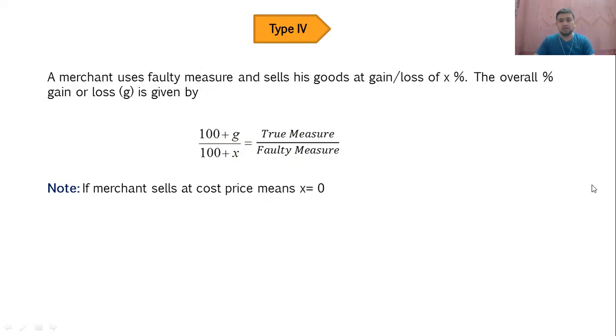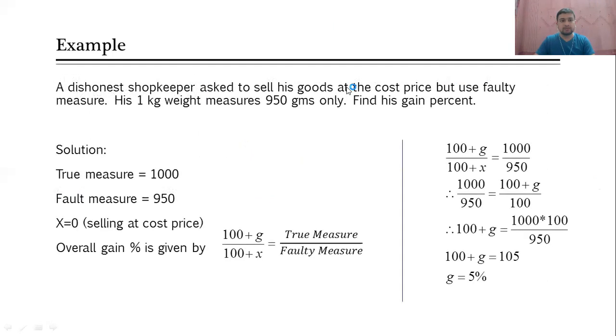Okay, so see here now. A dishonest shopkeeper is asked to sell his goods at the cost price, but uses a faulty measure. His 1 kg weight measures 950 grams only. Find his gain percentage.